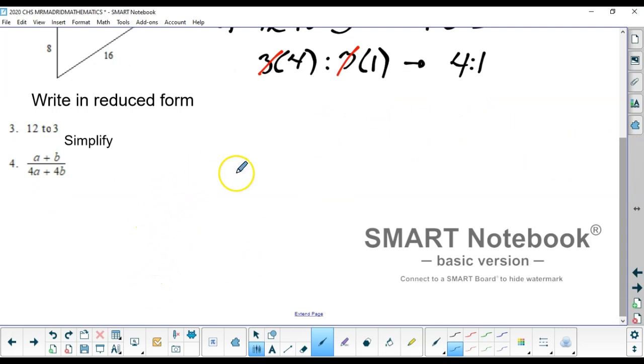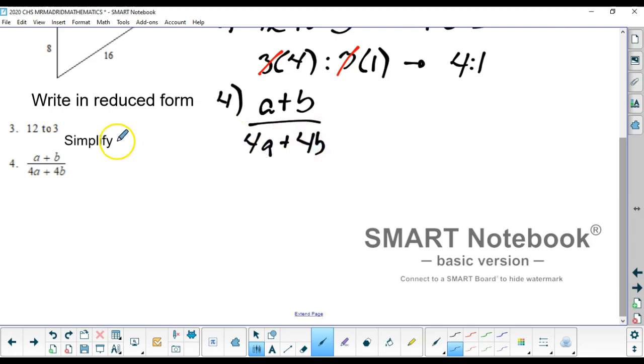Okay, let's look at number 4. You got 4A plus 4B over A plus B. They want it simplified. Anything they have in common, take out.